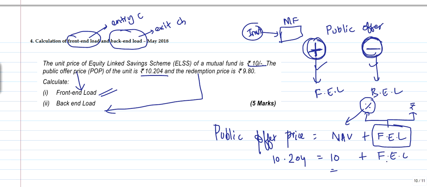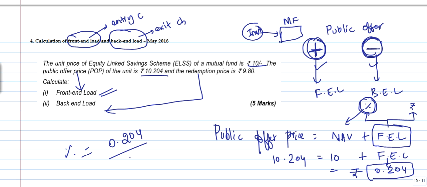So this will come to 0.204 in rupees. If you want to write it as a percentage, that is also possible: 0.204 divided by 10, 2.04 percentage.